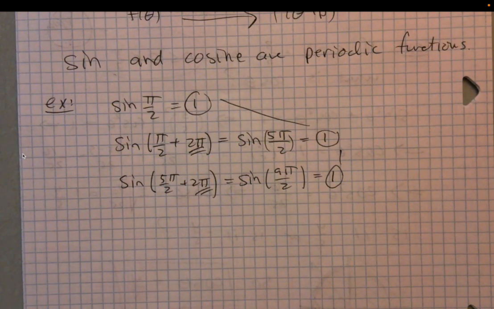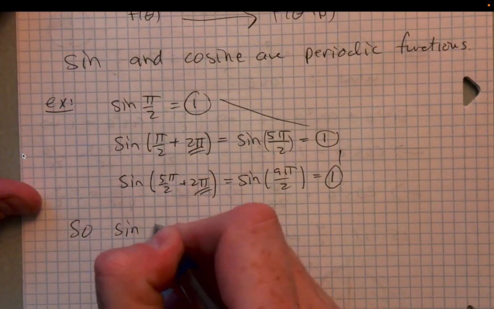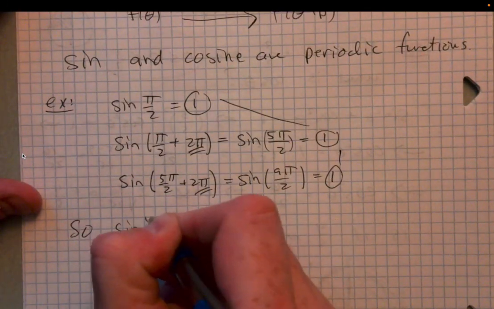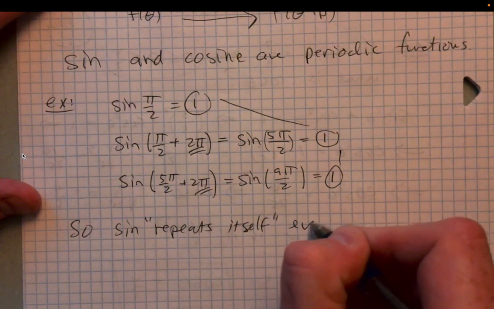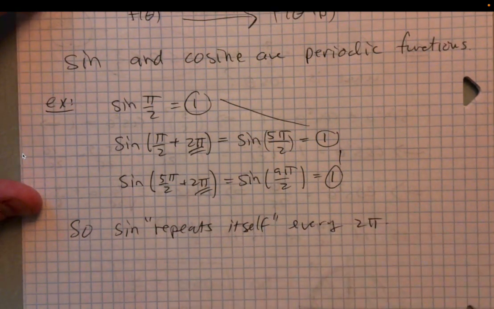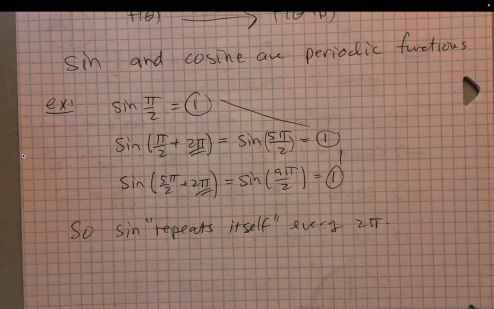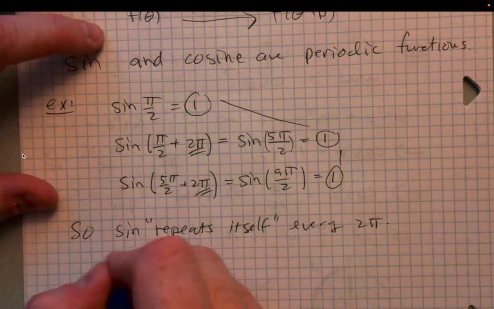So from this example, you can see that sine repeats itself, in air quotes, every 2 pi. And so we say that 2 pi is the period of sine.